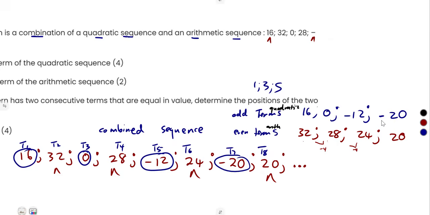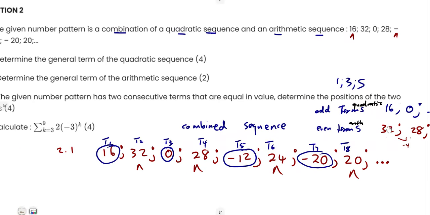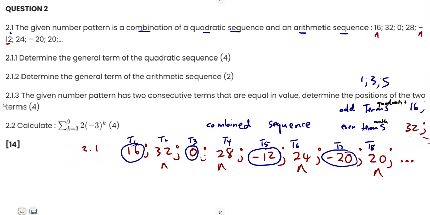So whenever we're dealing with the odd terms, you know that is a quadratic, and the remaining even terms are the arithmetic one. This is just analysis of what you're given.